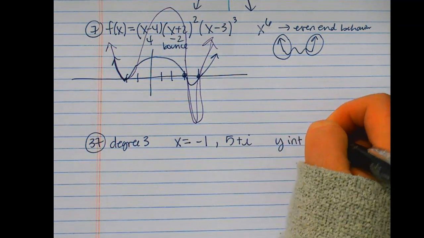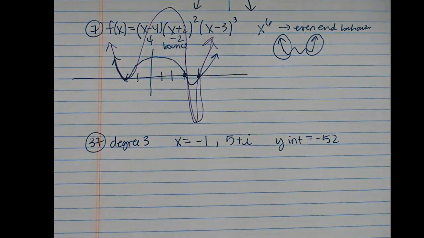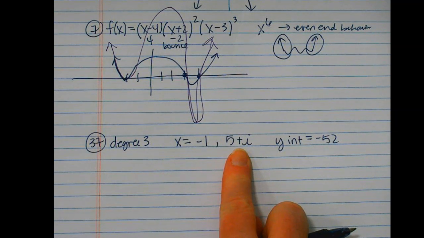Y-intercept equals -52. All right, so this has some bigger concepts to it because this came from the quadratic formula.